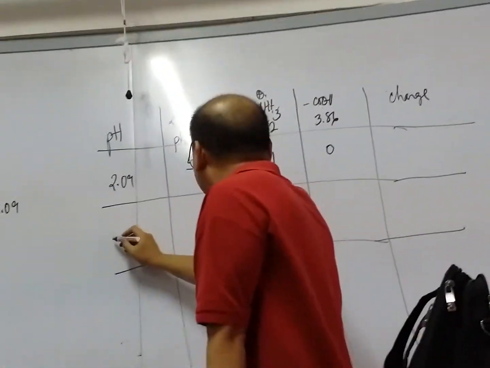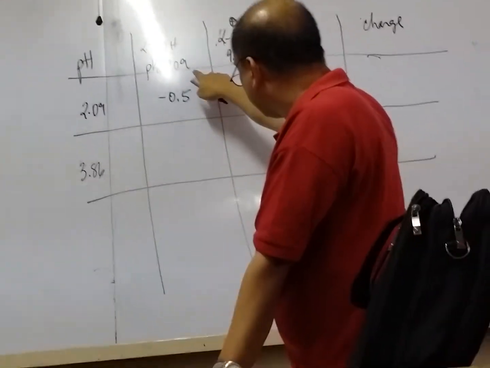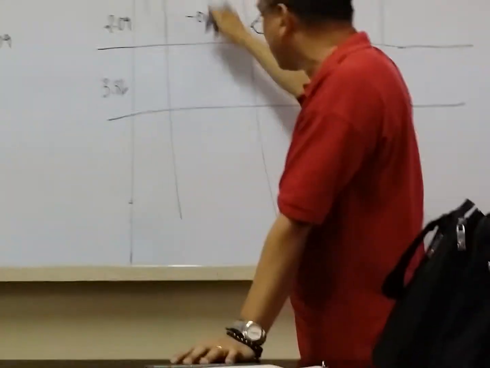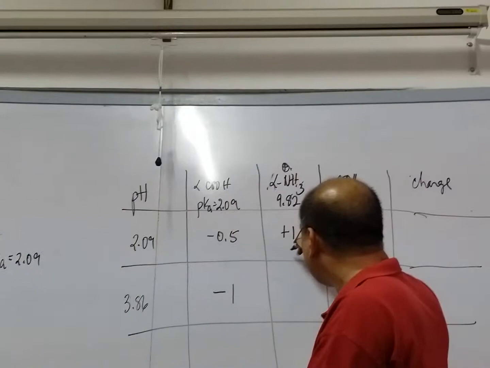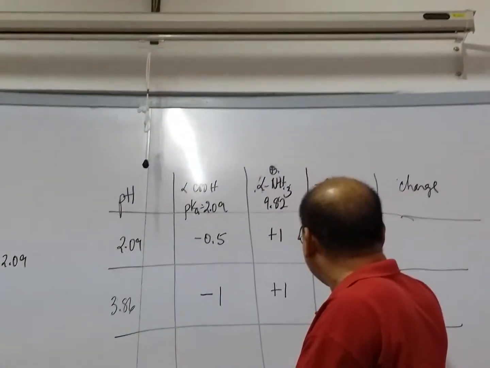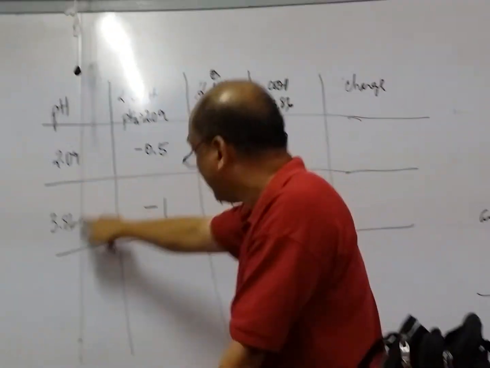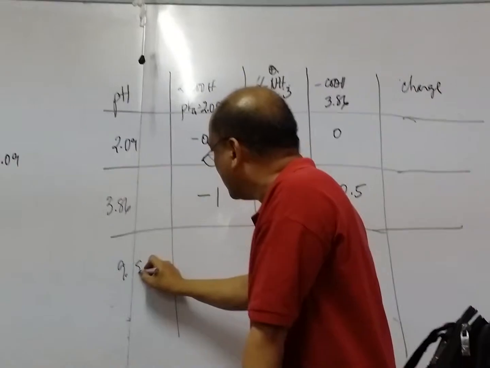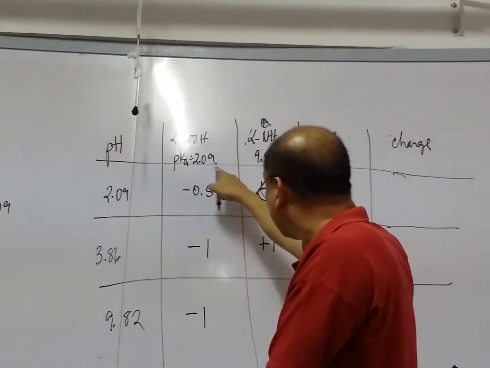Let's say for example, lagay natin ay 3.86. So at 3.86, this is basic compared to 2.09. So this is minus 1, totally dissociated. This one is still plus 1. And then this one is minus 0.5, kasi half of that is dissociated. Now for pH 9.82, this is totally dissociated, minus 1.